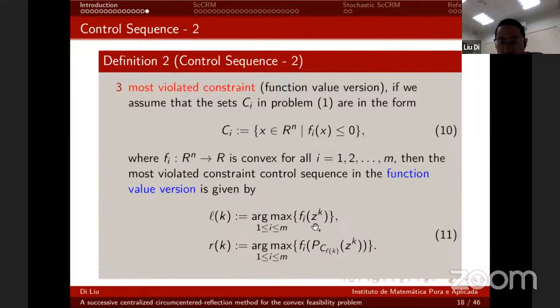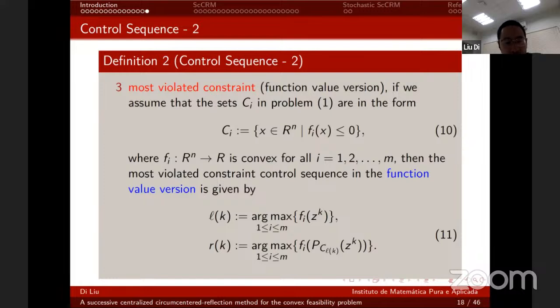But calculating the function value in many cases would be much cheaper than calculating the projections. So we calculate the function values, and then we choose the maximum one as L_k. Then we do the projection and calculate all the values at this projection point. Then we choose the largest one as the second index, R_k. So this is most violated constraints, but in the function value variant.